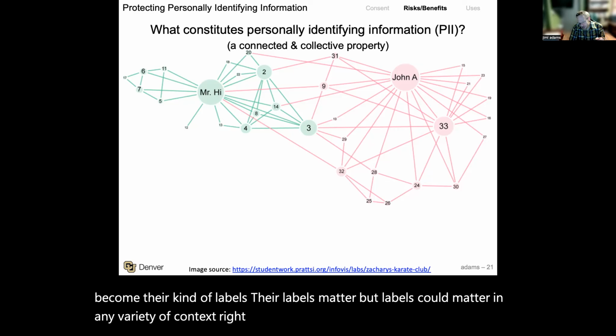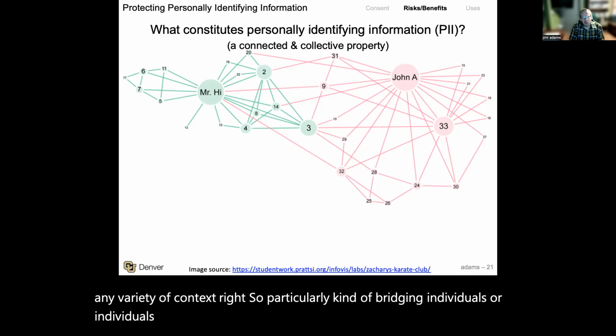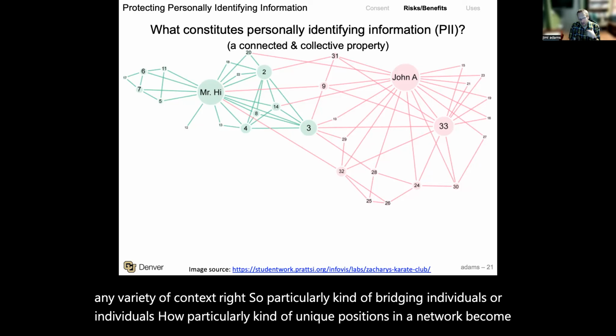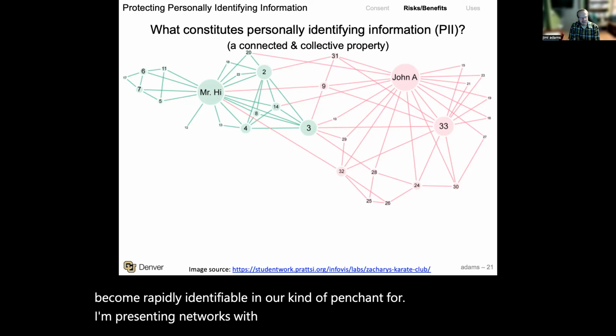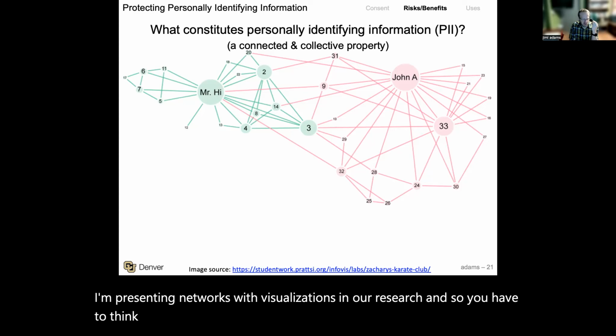So particularly bridging individuals, or individuals who have particularly unique positions in a network, become rapidly identifiable given our penchant for presenting networks with visualizations in our research. And so you have to think about whether or not those individuals are identifiable in unique ways.